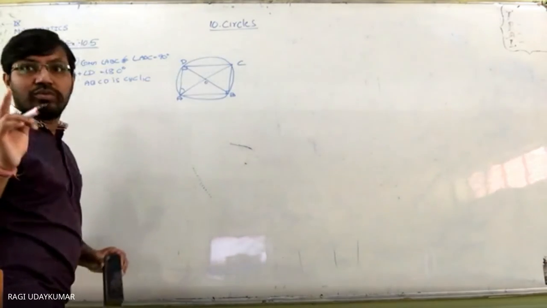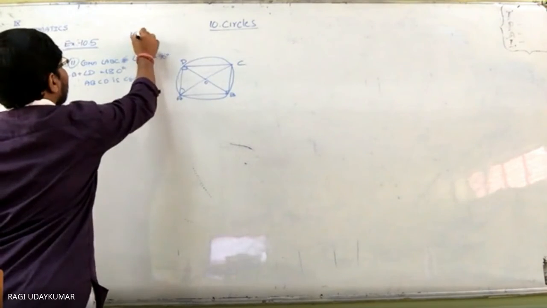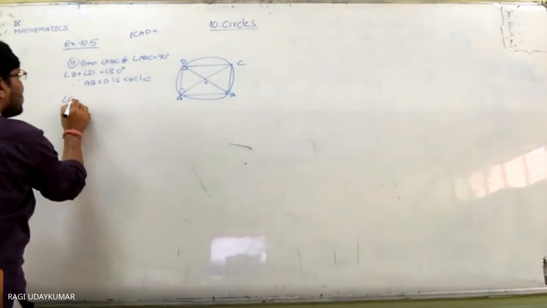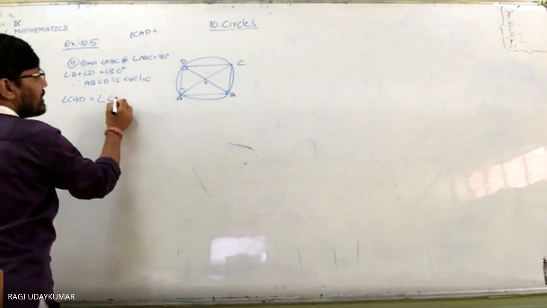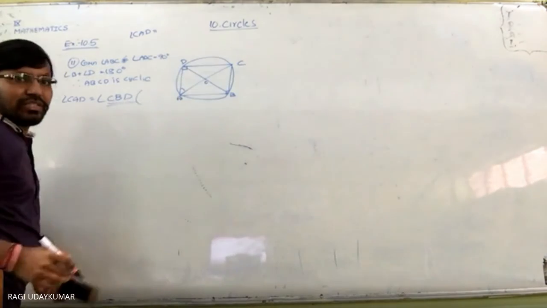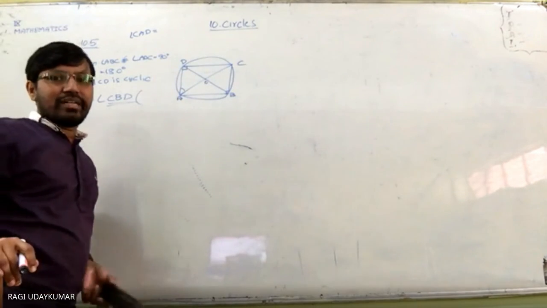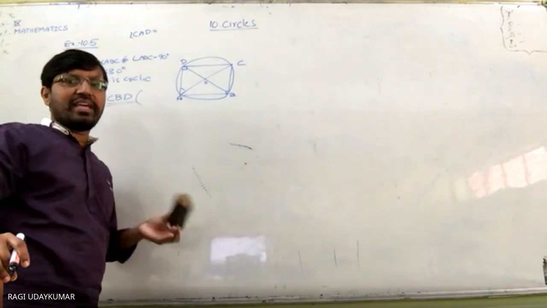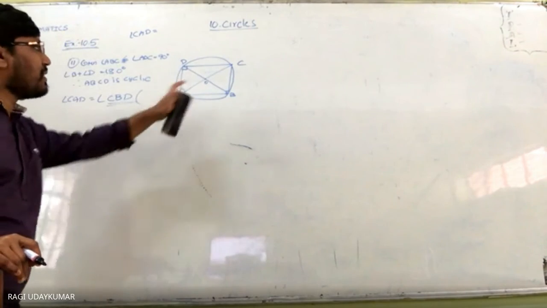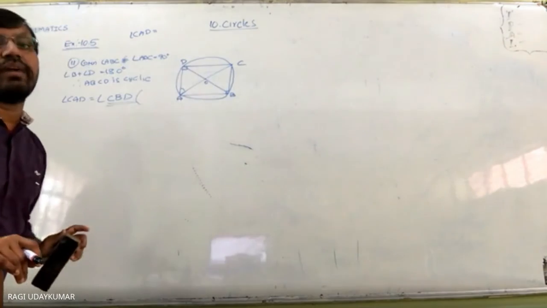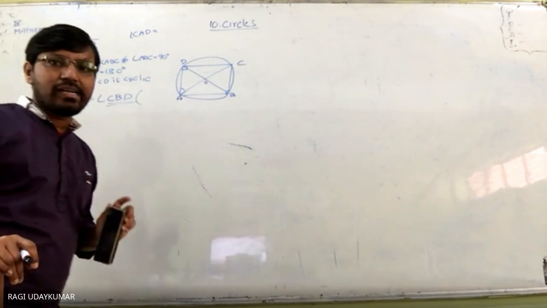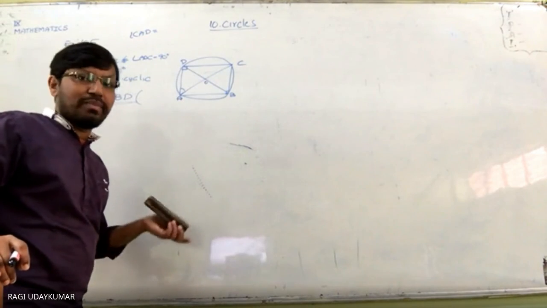what we need to prove? We need to prove that angle CAD is equal to angle CBD, angles in the same segment. Directly you can say it; there is no need to take the center in this problem. Just observe that it is given that B and D sum to 180 degrees, 90 degrees plus 90 degrees.